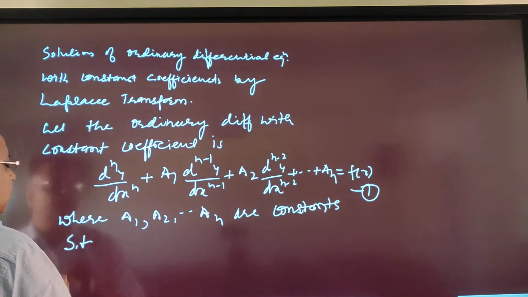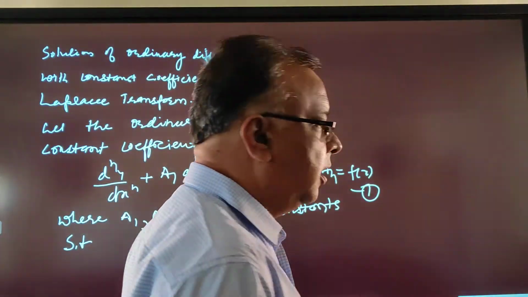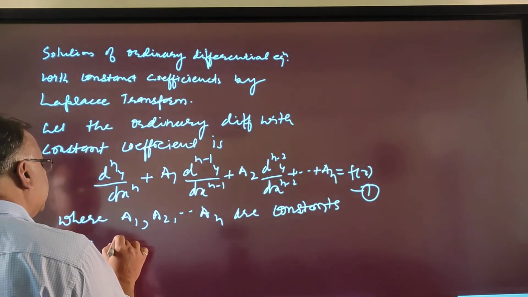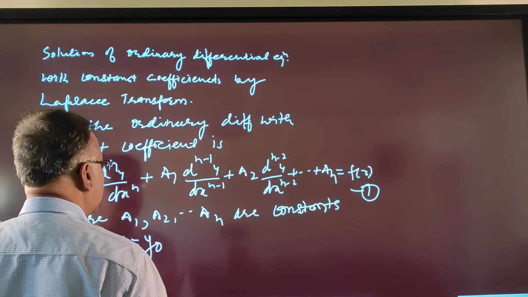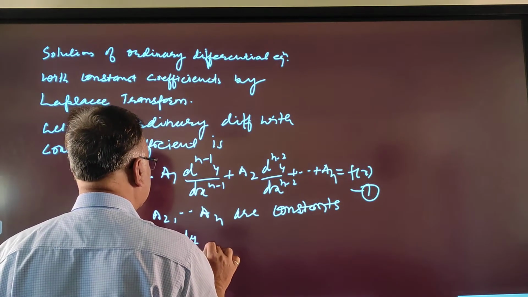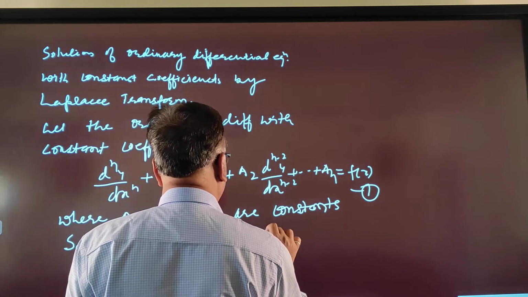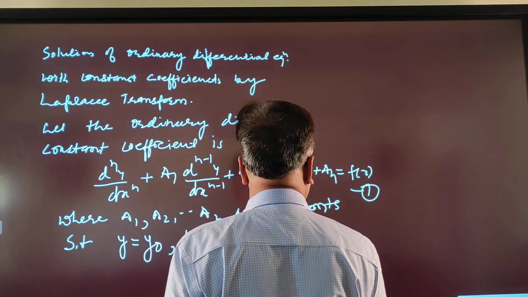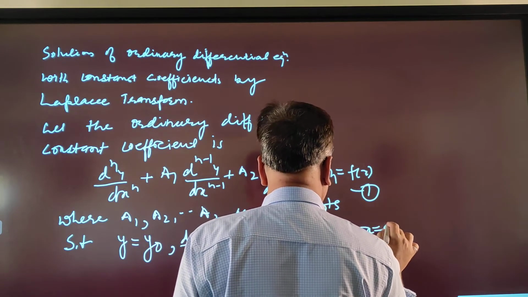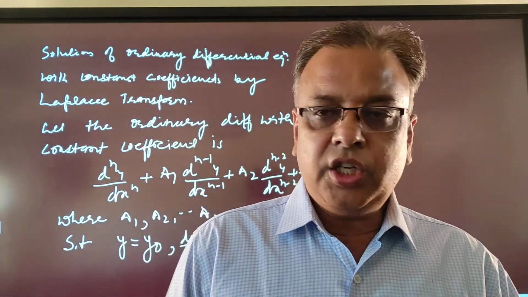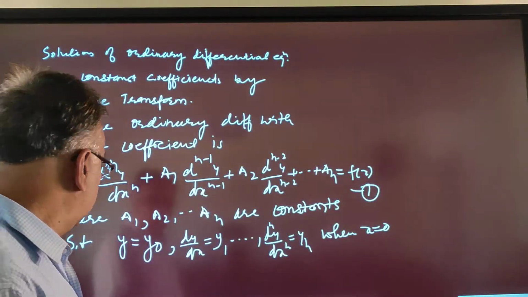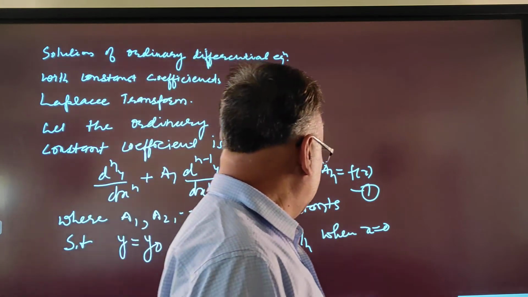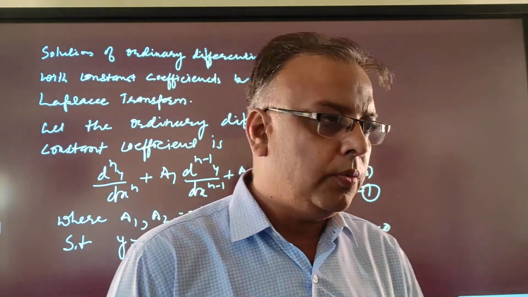Subject to the initial conditions given: the value of y when x is equal to 0 is y0, dy upon dx is y1, and so on, d^n y upon dx^n is yn, when x is equal to 0.